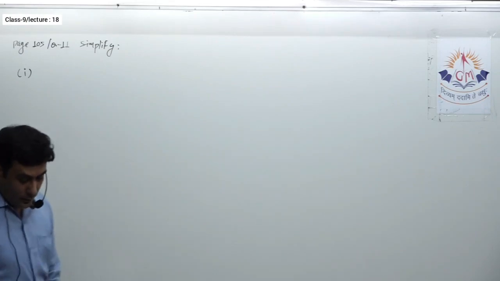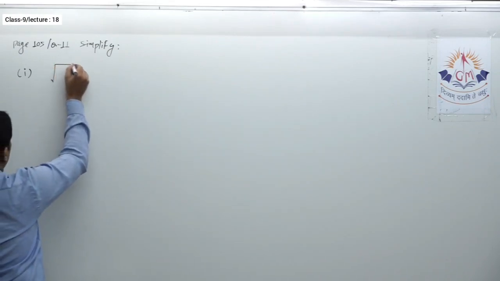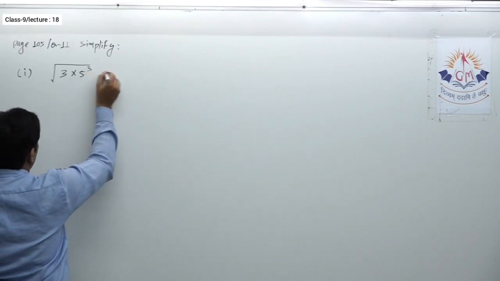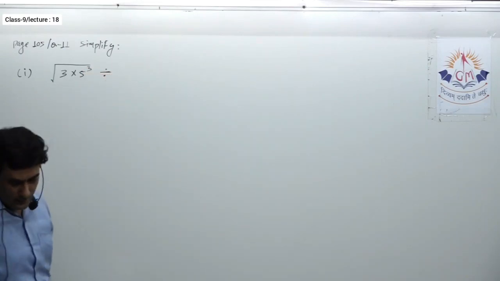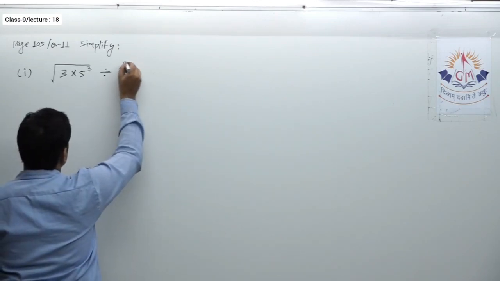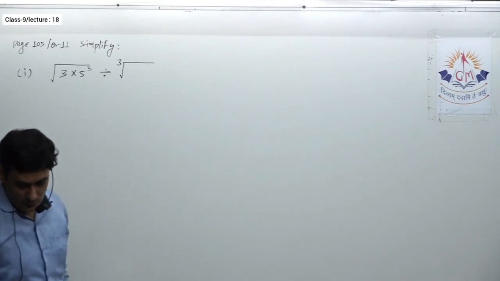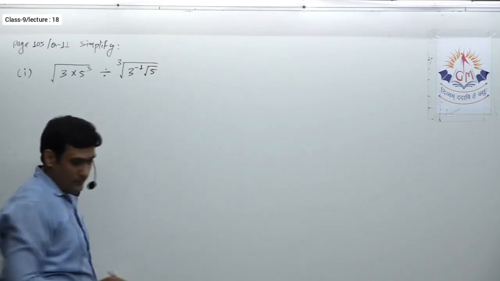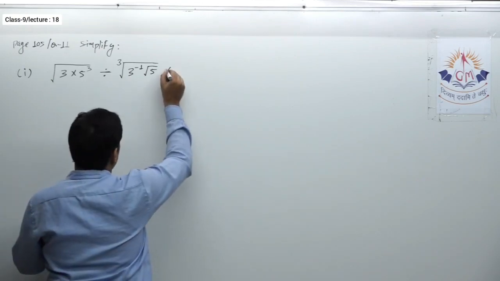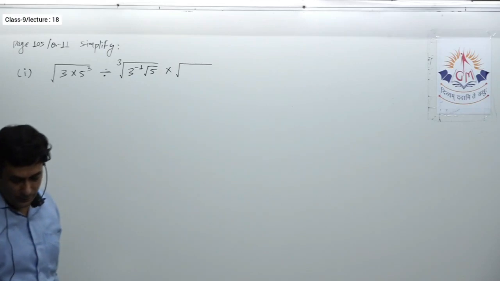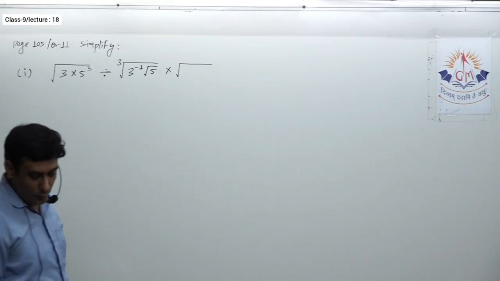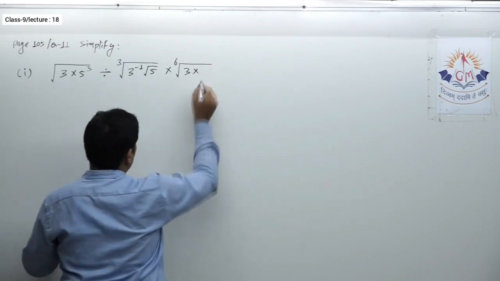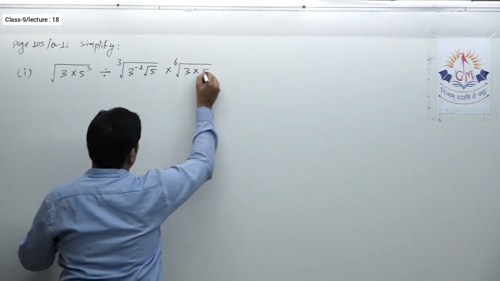So it is square root of 3 multiplied by 5 raised to minus 3, divided by cube root of 3 raised to minus 1 root 5, multiplied by sixth root of 3 multiplied by 5 raised to 4.